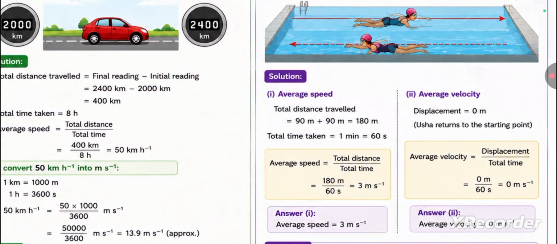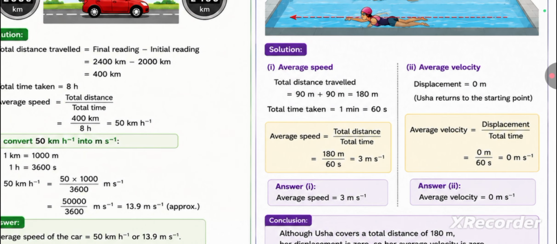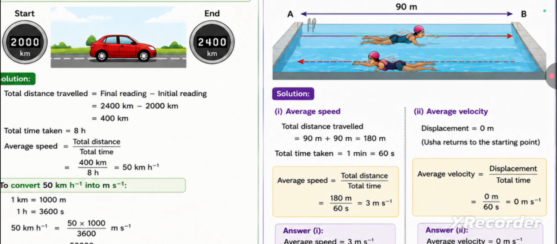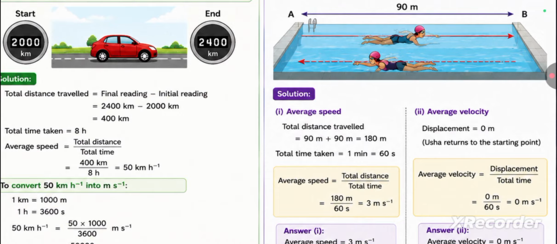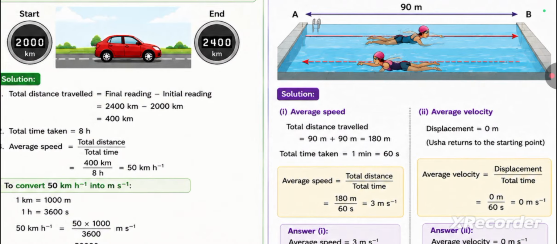Okay. Now we have to calculate the average velocity. Here the displacement is 0, because she starts from one end to another end and then goes again from that end back, so she comes to the starting point. So the displacement is 0.